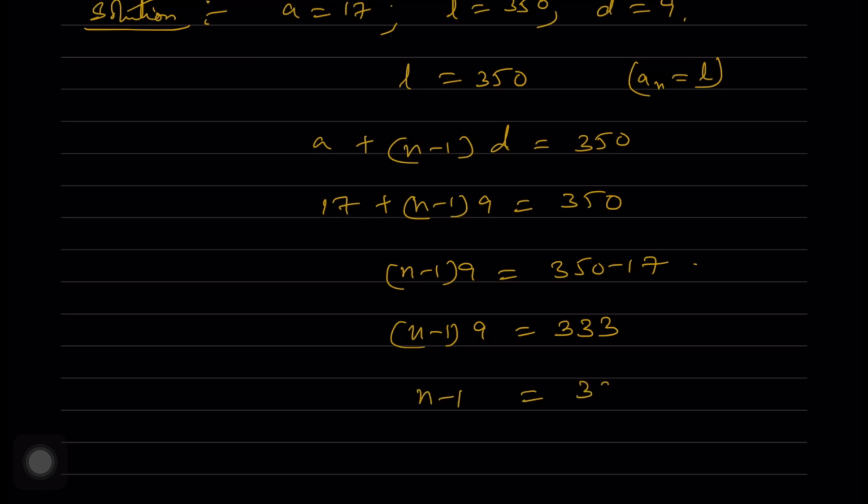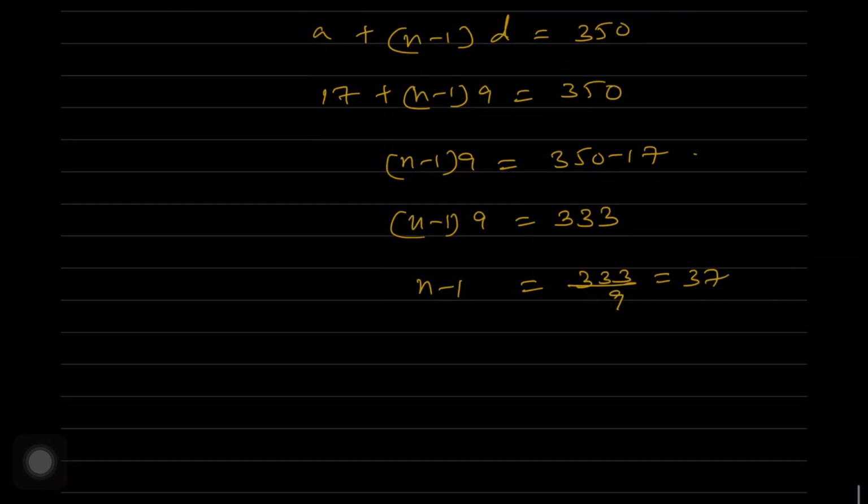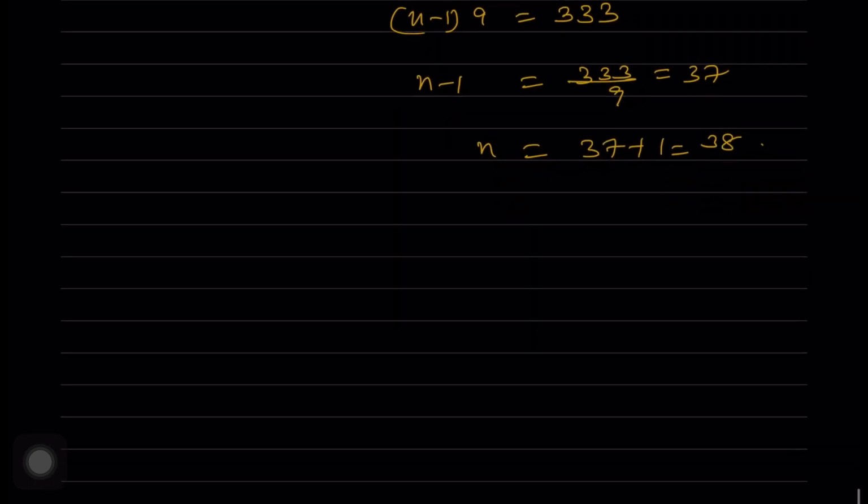So n minus 1 is equal to 333 divided by 9, which is equal to 37. So n is equal to 37 plus 1, which is equal to 38.